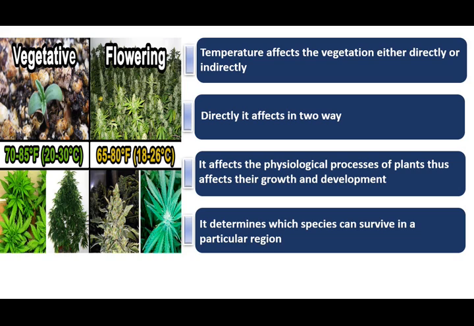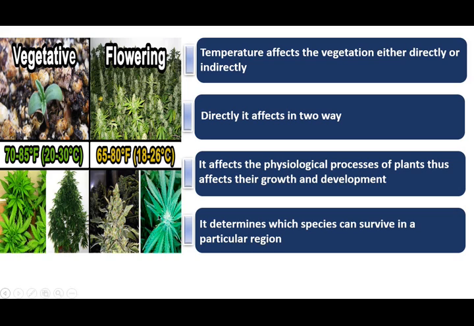Now, in the image at the left hand side, you can see the temperature around 70 to 85 degrees Fahrenheit. It promotes vegetative growth in these plants. And when the temperature is between 65 to 80, it promotes flowering in the plants.